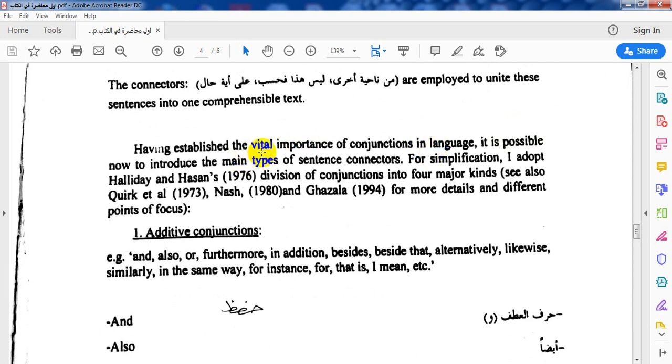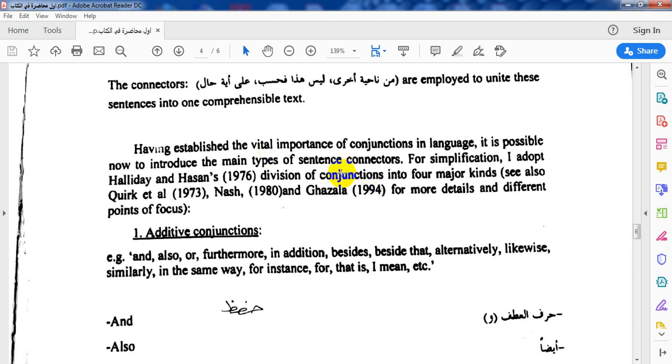The author here says, yes, we have a large number of connectors or conjunctions, and to understand them better, we have to classify them.